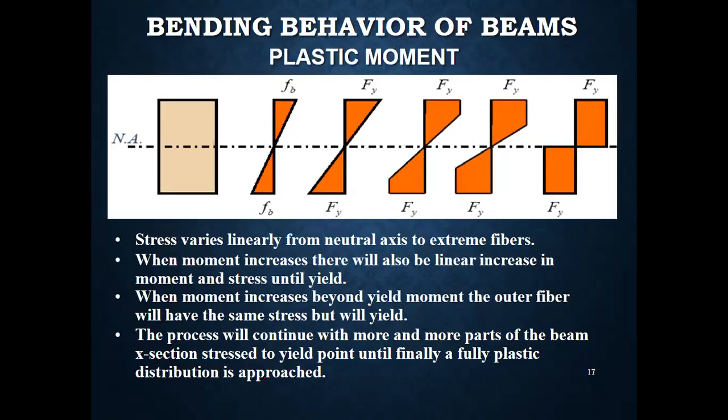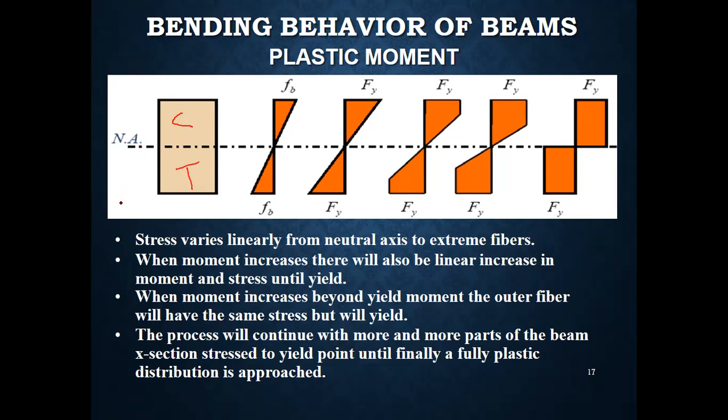Now, coming to the behavior of beams, consider the very basic concept that at the top of the beam of any cross section we have compression, and at the bottom, below the neutral axis, we have tension.